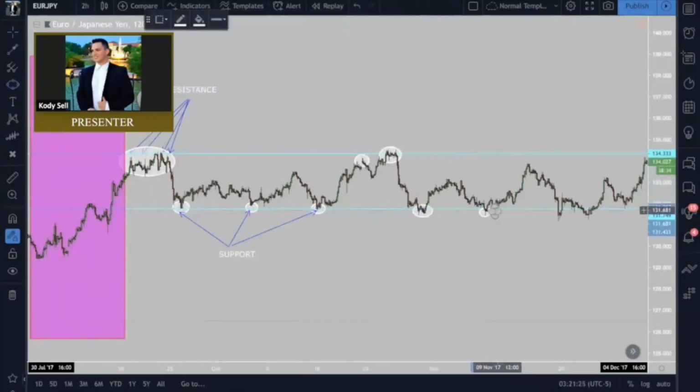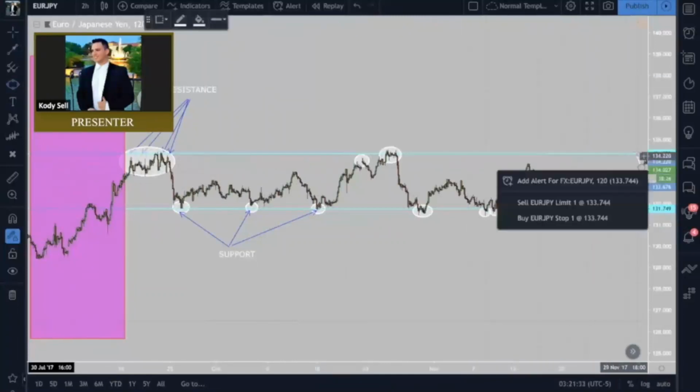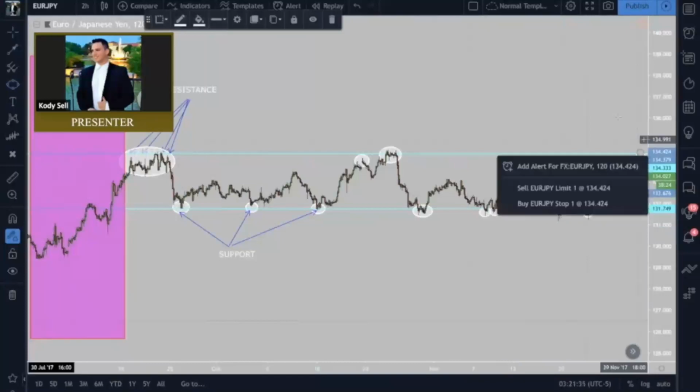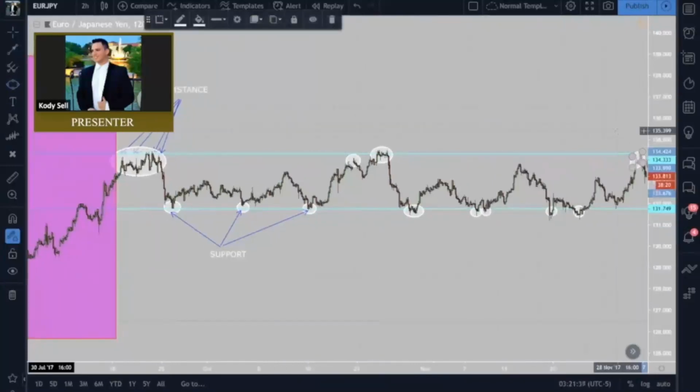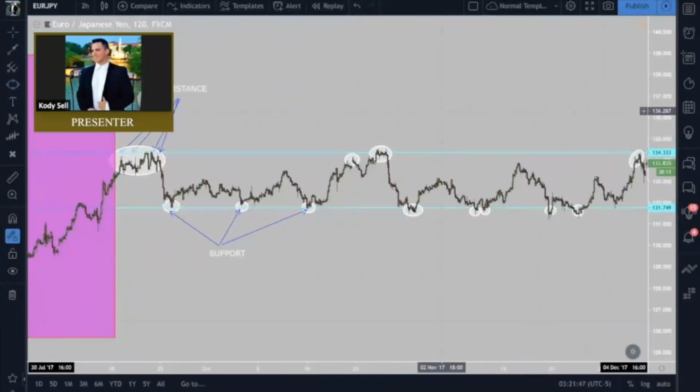Finds support, continues to rise from this area all the way back up to our resistance over here on the right-hand side. Okay? There we go, right there. Okay, so this is a basic understanding of what support and resistance actually looks like in the market.